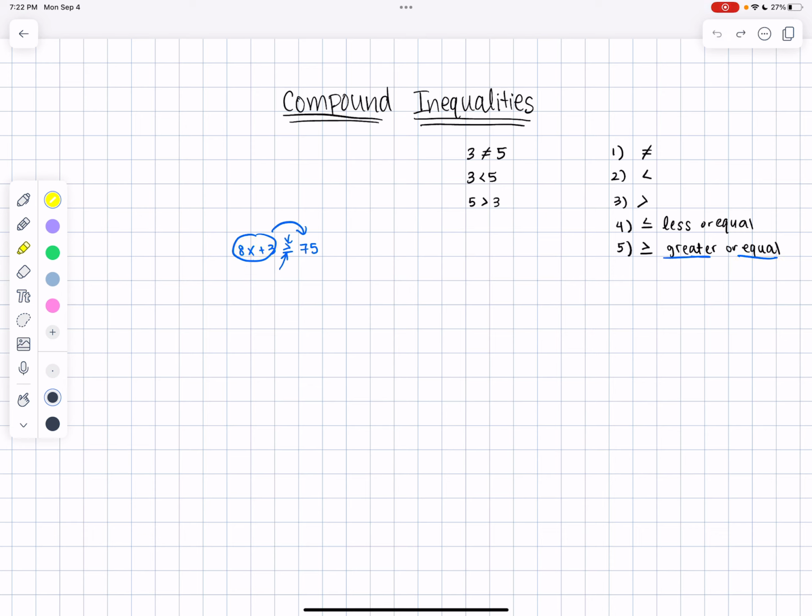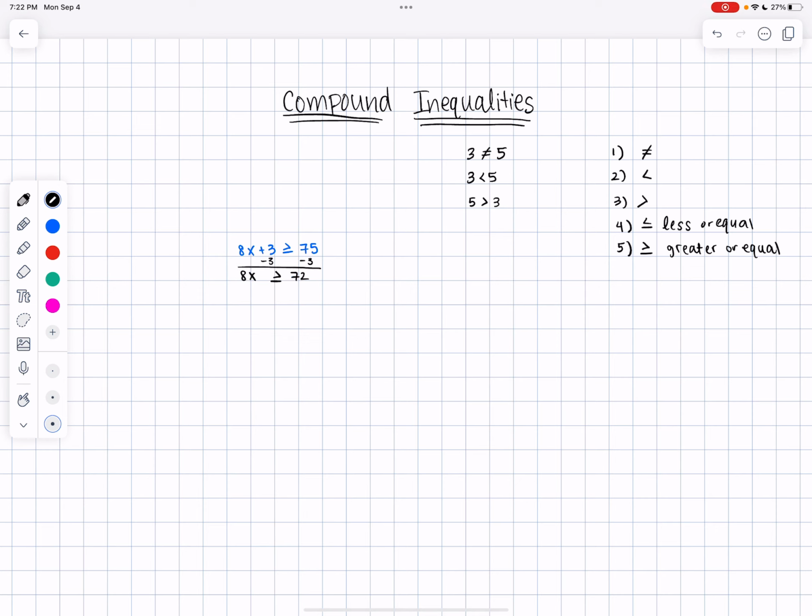So now we're trying to solve for x. So we would do our basic solving for x steps. We would subtract 3 on both sides, so 8x is greater than or equal to 72.